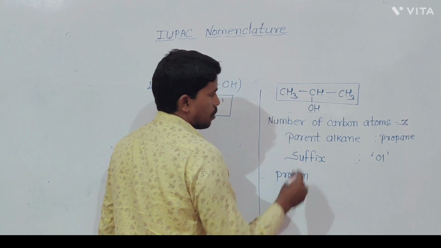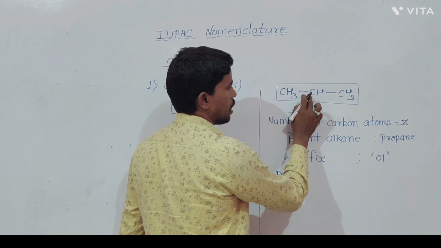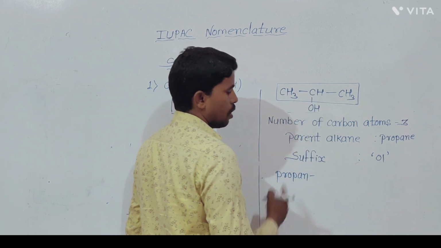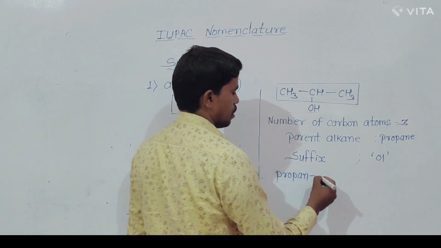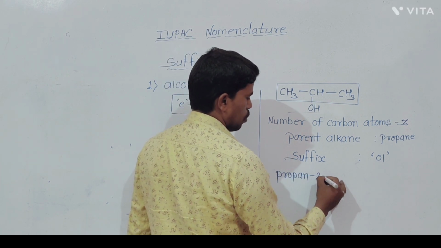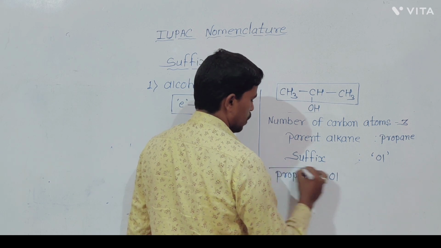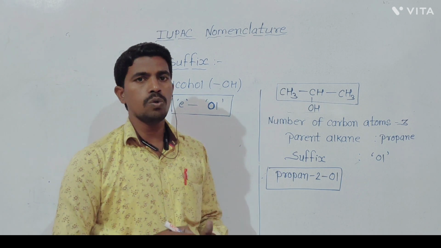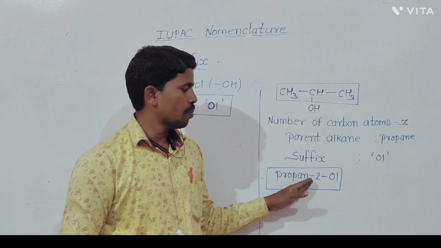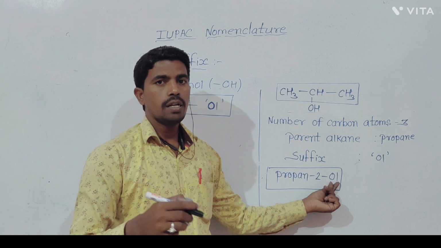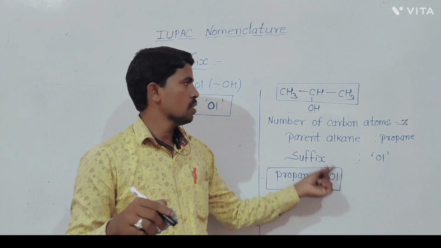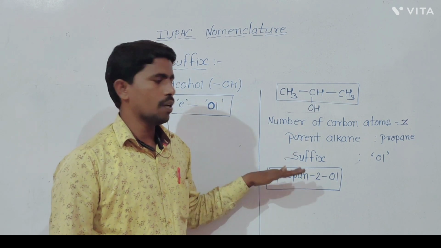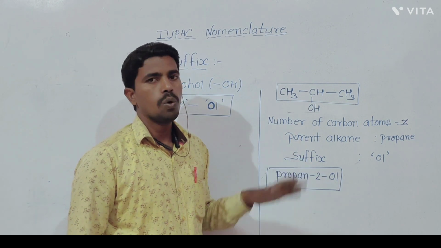This OH is present on the second carbon atom from this side or from this side, therefore represent the position number of OH. The name of the given compound becomes propan-2-ol. The last E of propane is replaced by OL, and this OL is for OH, which is attached to the second carbon atom.